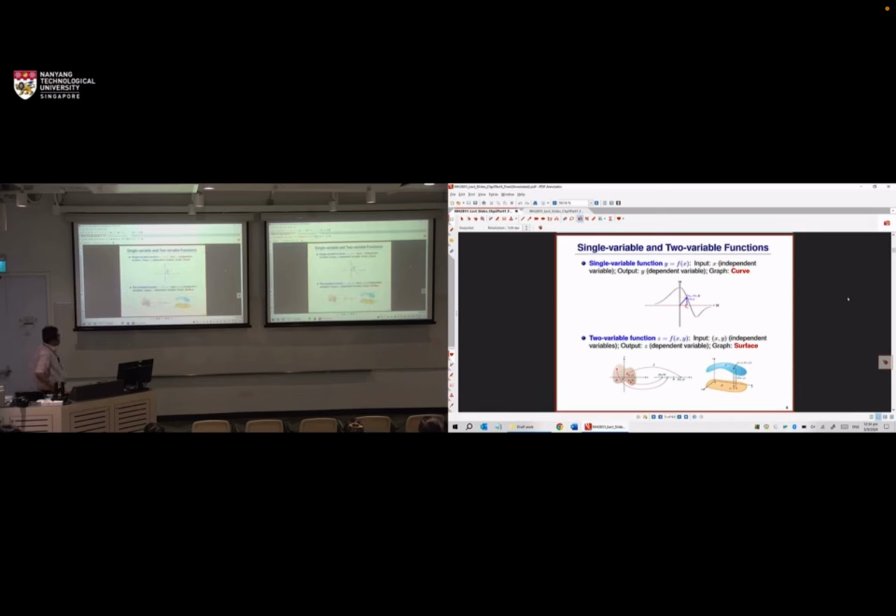That's the first diagram. You are given an input x, what we call the independent variable. Your output is y, what we call the dependent variable. And then the geometry, what you will get is a curve, a graph. It's a curve.